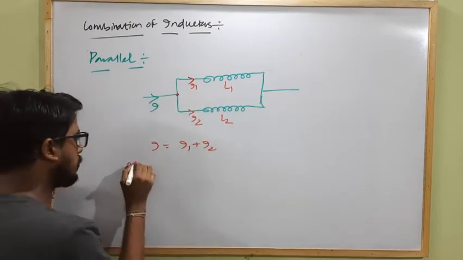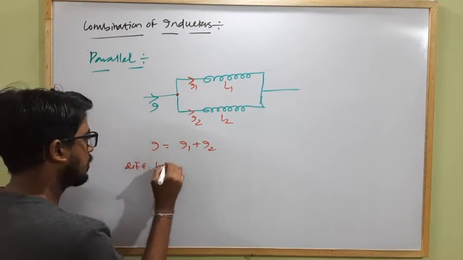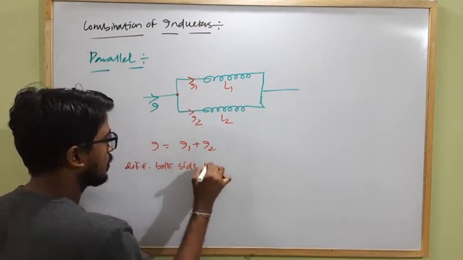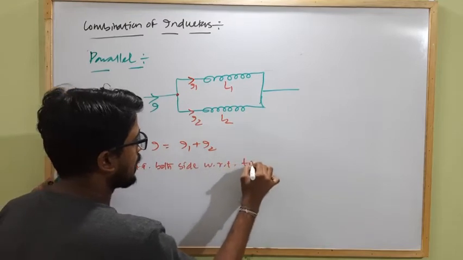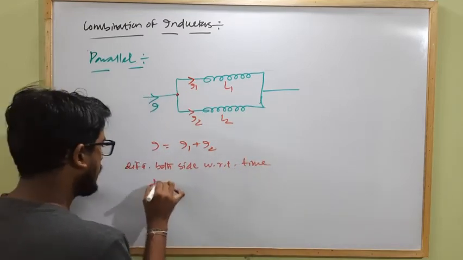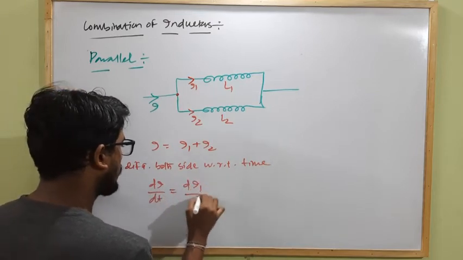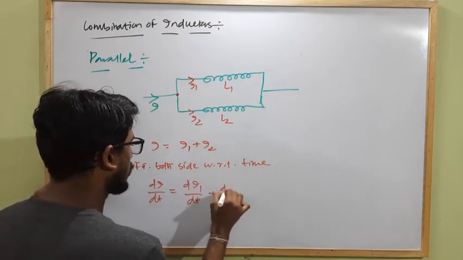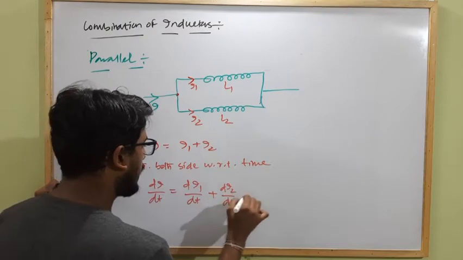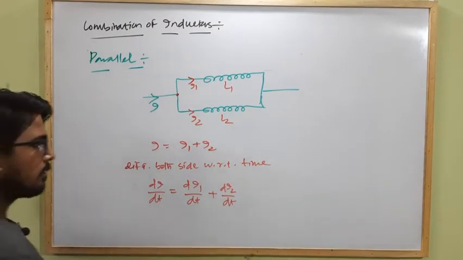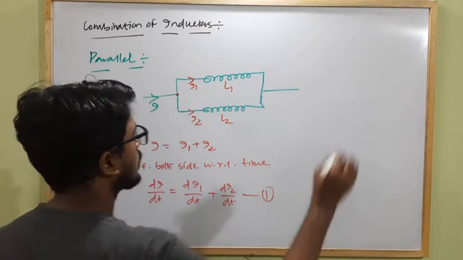Differentiating both sides with respect to time, what we get is di by dt, the rate of change of total current, equal to the rate of change of current I1 plus the rate of change of current I2. Clear? Let it be equation 1.